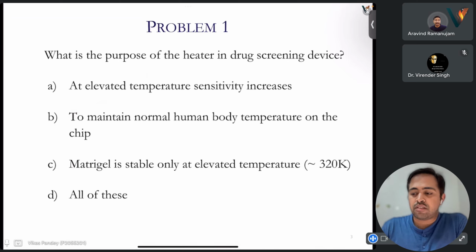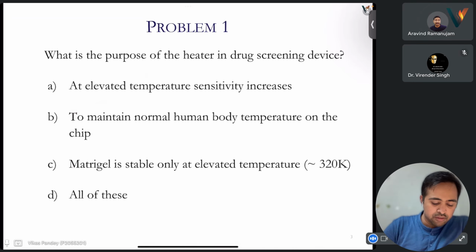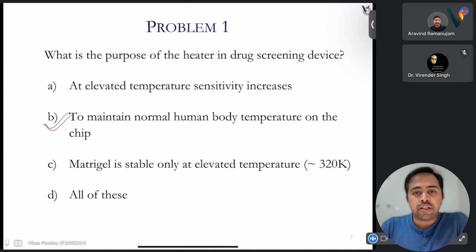Yes, any answers for this? So B, to maintain the normal human body temperature. Very right. So it is to maintain the normal human body temperature.